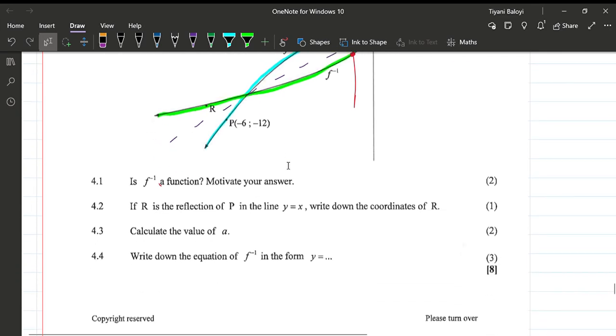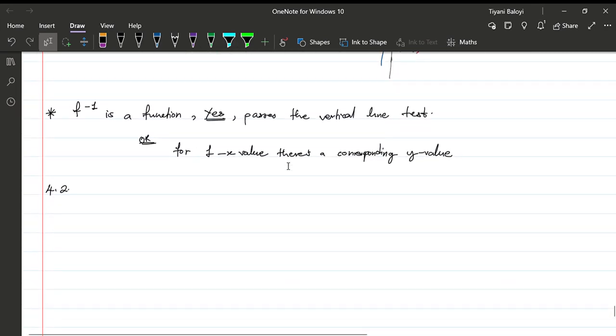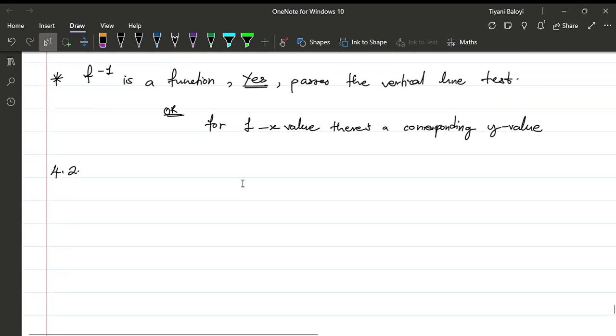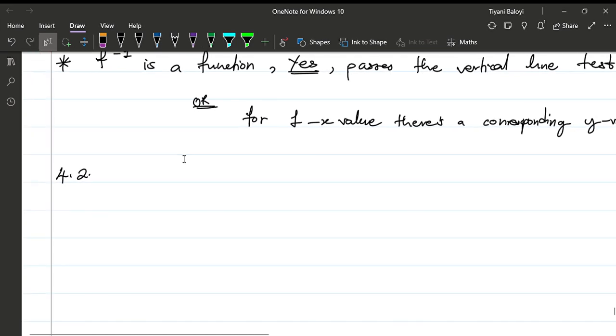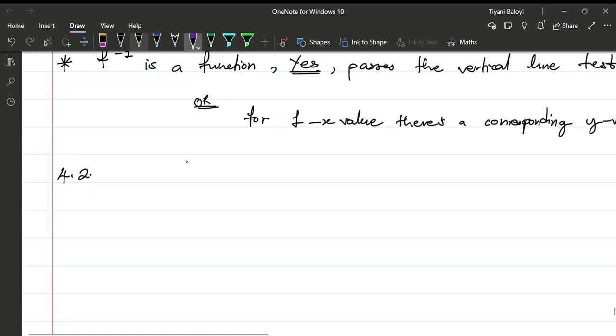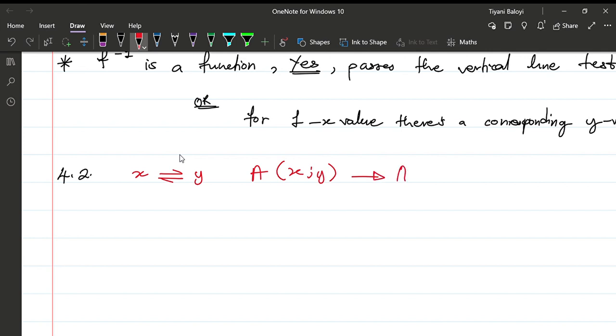So we know that when we reflect the function to get the inverse, there's an interchange. What happens is that the y values become the x values and the x values become the y values, right? So I have an interchange of something like this. For example, for point A, if we had x and y, therefore for the inverse of that, you will have y and x.